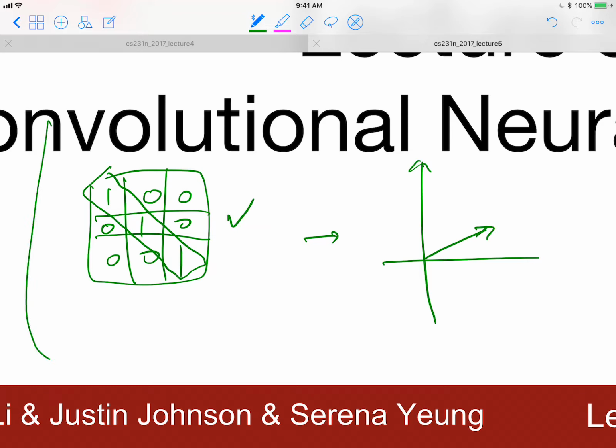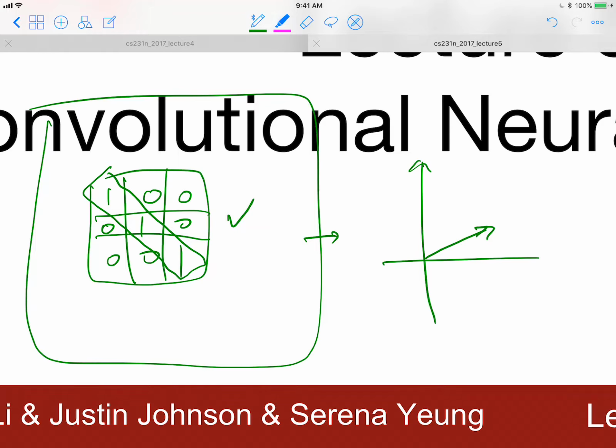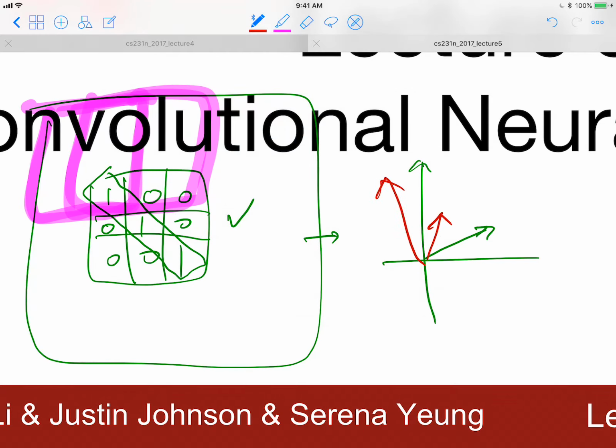And then suppose we have a really big image. We move or match this filter at this position or at this position and so on. At each different place we obtain a different 9-dimensional vector, and that vector will be placed over here, or over here, and so on.